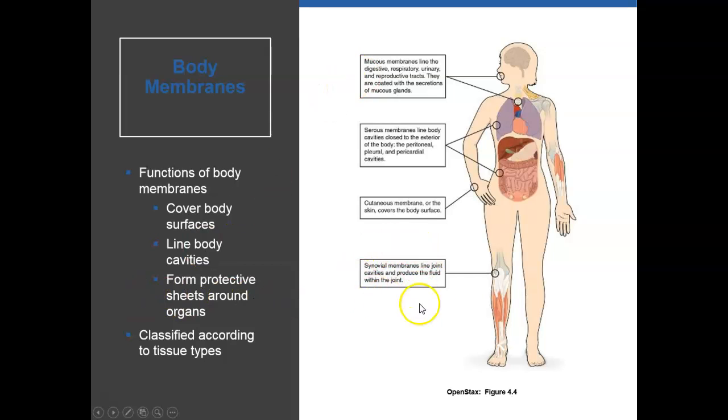And then we have the synovial membrane, which is a connective tissue membrane. Body membranes cover and line surfaces. They form protective sheets around different organs, and they basically keep organs from getting damaged easily.